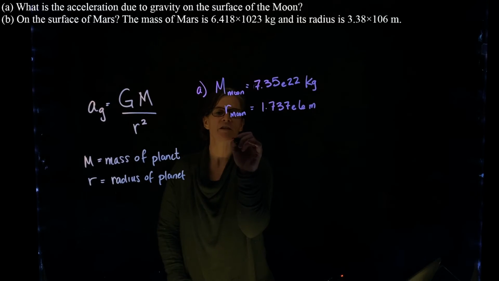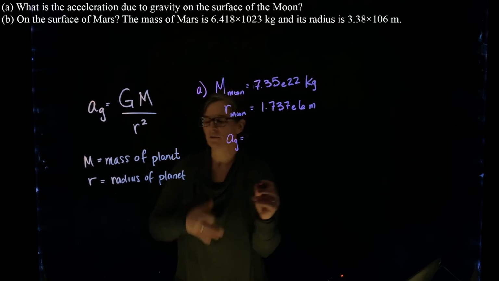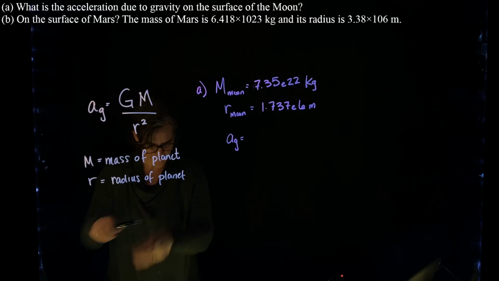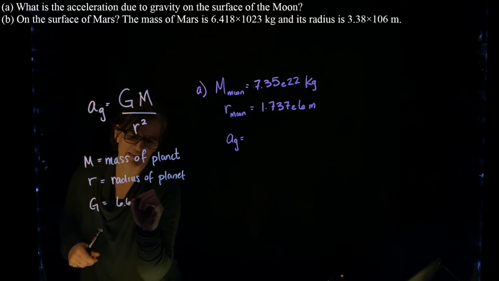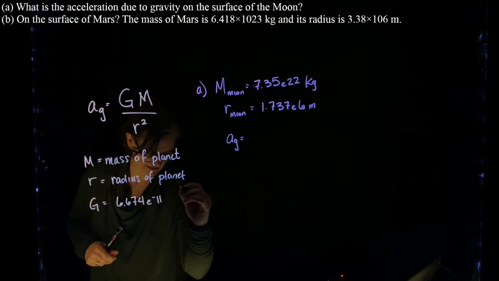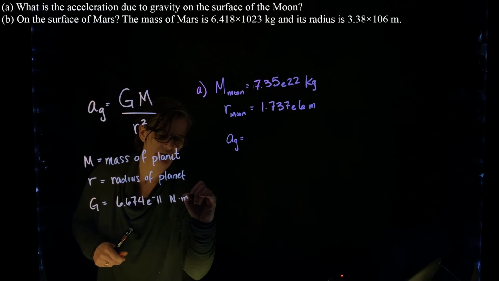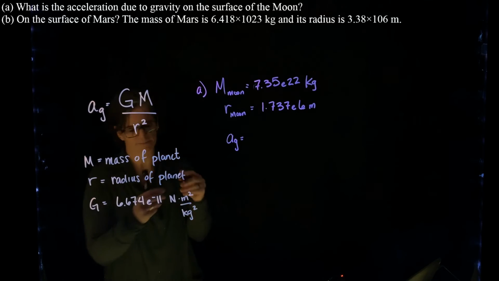So the acceleration due to gravity of the moon is equal to G, and remember G is just a universal constant. G is equal to 6.674 times 10 to the negative 11th newtons times meters squared per kilogram squared.